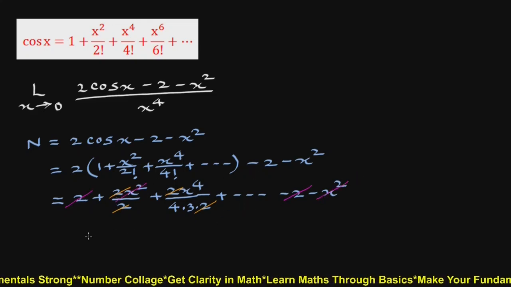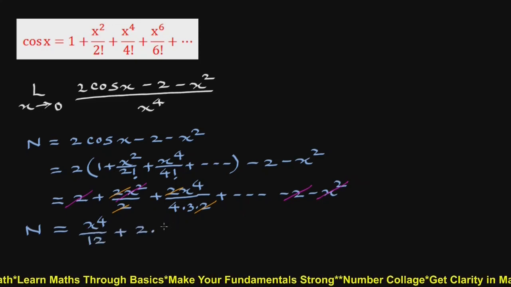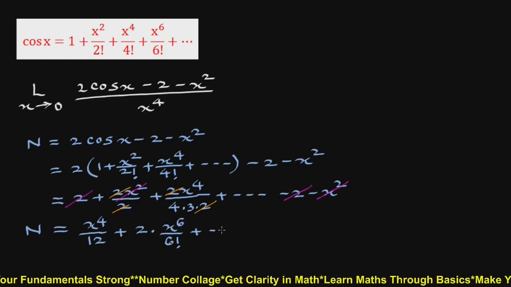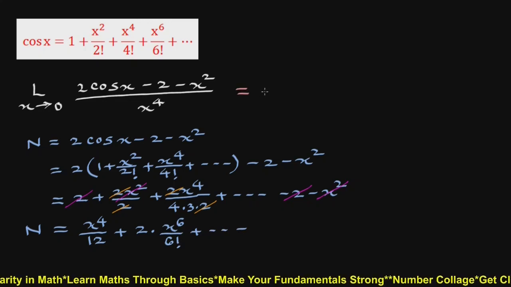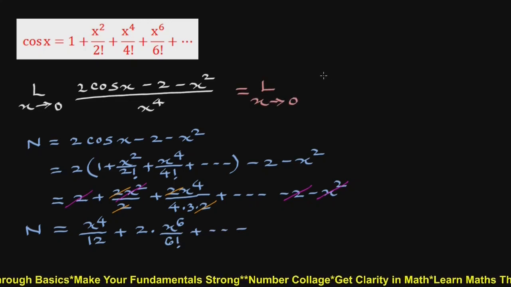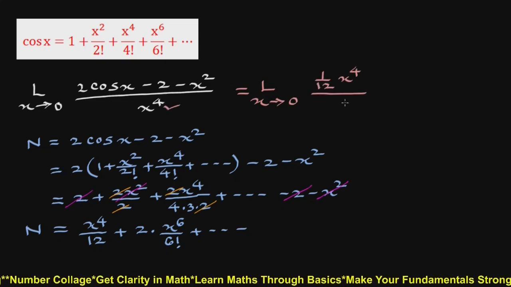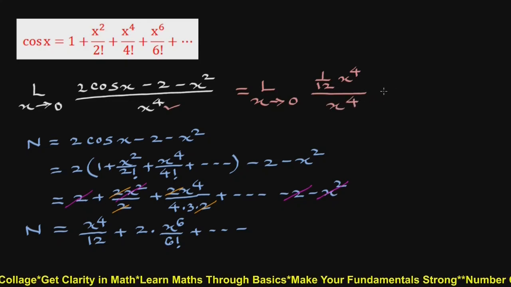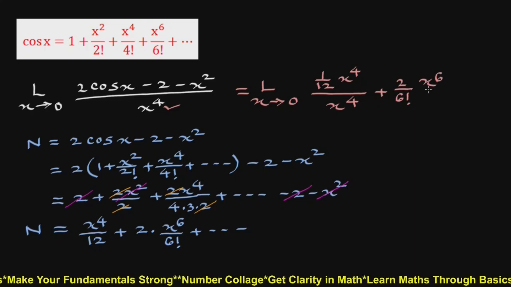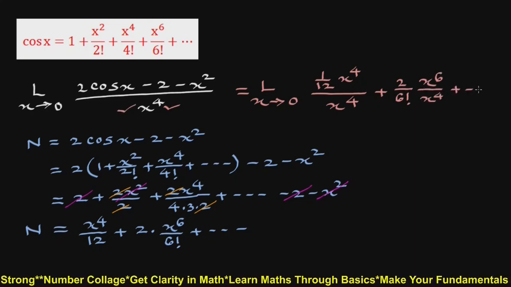So we get x raised to 4 upon 12 plus 2x raised to 6 upon 6 factorial plus so on and so forth. So this limit becomes limit as x tends to 0, in the numerator we have 1 upon 12 x raised to 4 upon this denominator x raised to 4 plus 2 upon 6 factorial x raised to 6 upon this x raised to 4 plus so on and so forth.